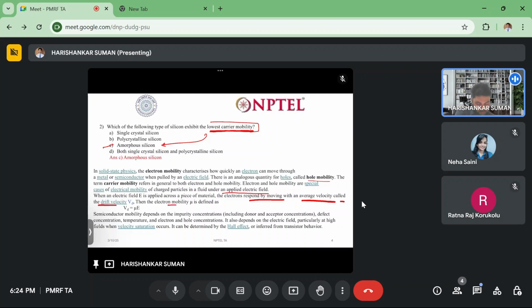Then the electron mobility is defined as Vd equal to mu E. For a semiconductor, mobility depends on the impurity concentration, including donor and acceptor concentration, defect density, temperature, and electron and hole concentration. It also depends on the electric field, particularly at higher field when velocity saturation occurs. It can be determined by the Hall effect, so we can also calculate the mobility from the Hall effect or from the transistor level.